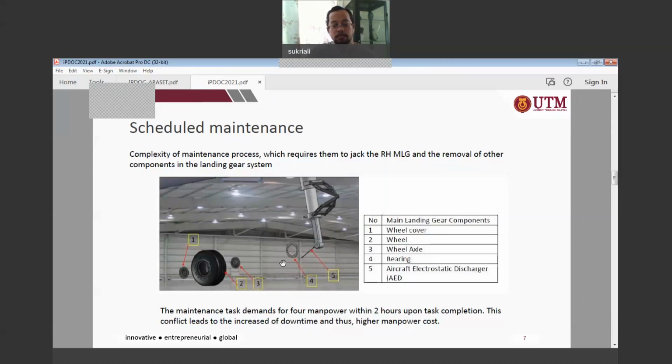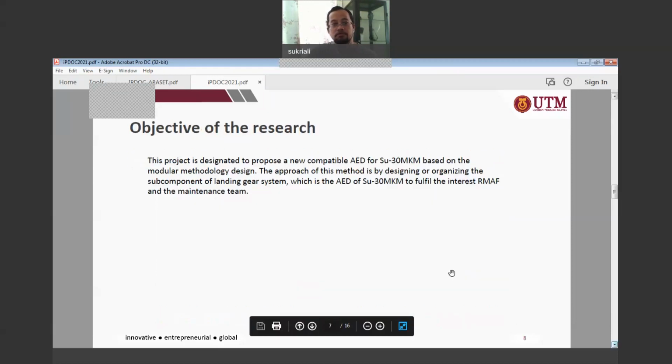Therefore, we thought that we could simplify this process by redesigning the AAD system. The objective of our project is to design a new compatible AAD for the Sukhoi MKM based on modular design methodology. Our aim is that this new AAD can be directly used by the Sukhoi MKM and directly applied by the Royal Malaysia Air Force.